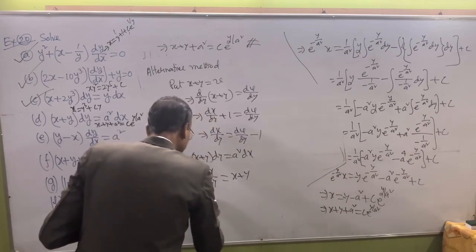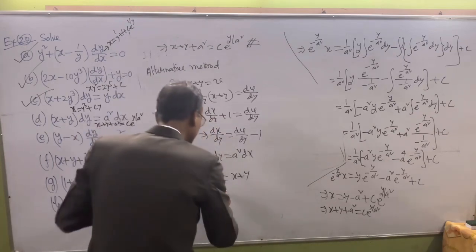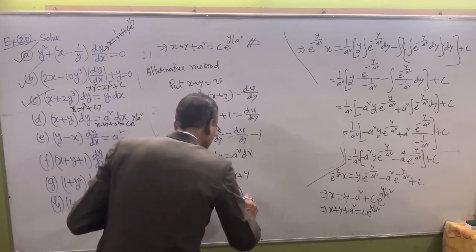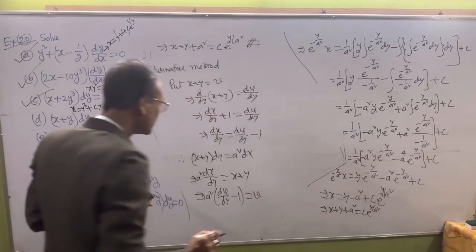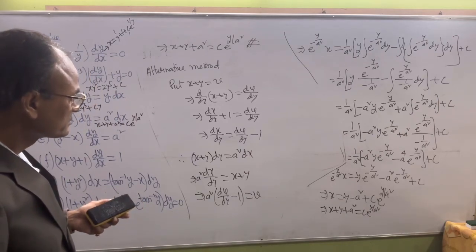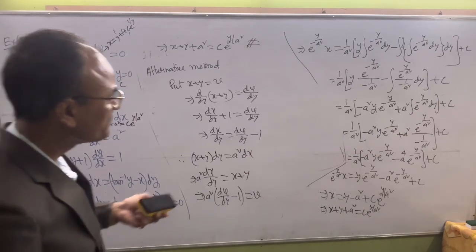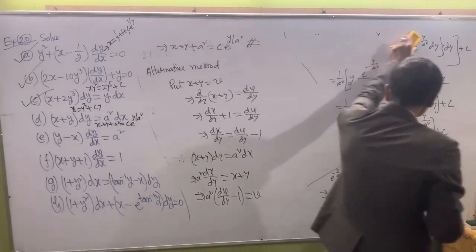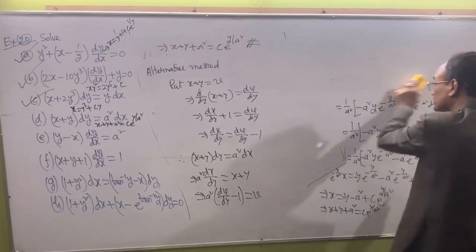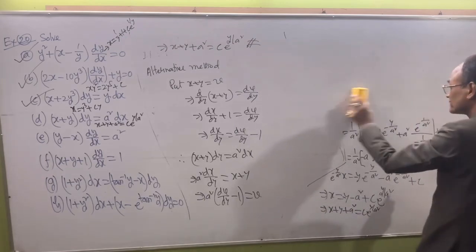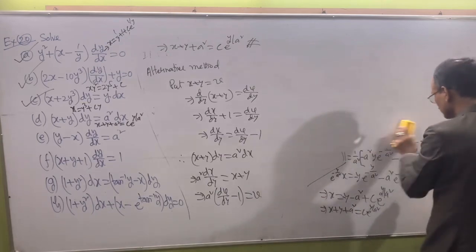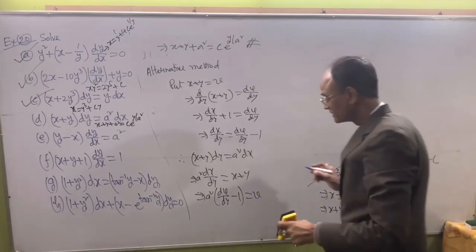This means a square dx by dy means आप लिख लीजिए dv by dy minus 1 equal to v. x plus y means v.